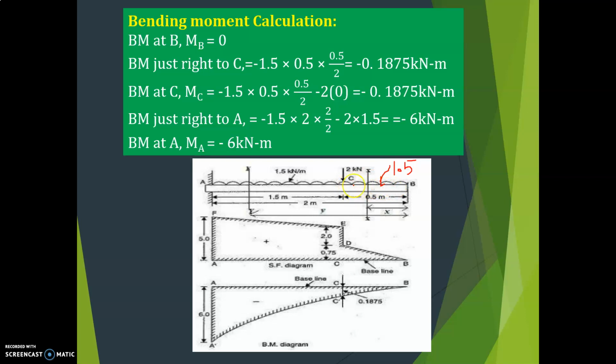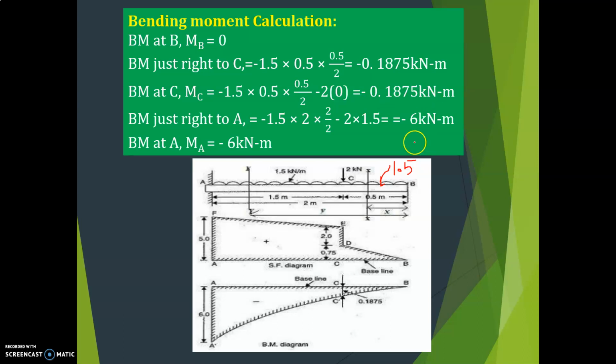This is there anyhow, 1.5 into 0.5 into 0.5 divided by 2 minus 2 into, at C only, perpendicular distance is 0 now here. So into 2 into 0, that is equal to, when you simplify this, you get minus 0.1875 kilonewton meter.